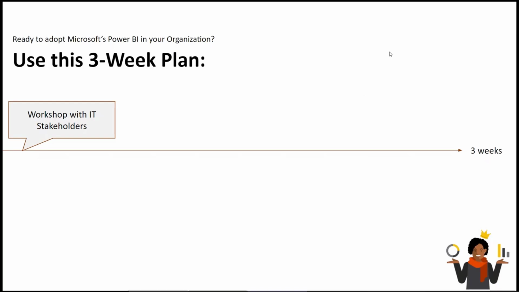Once you've met with the stakeholders, your next step is to do workshop planning. During your workshop planning, you're just going to document any changes that happen when discussing with the stakeholders. So you want to document and customize your adoption strategy, which could be different for every company.